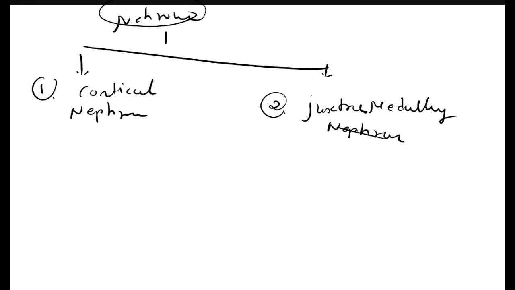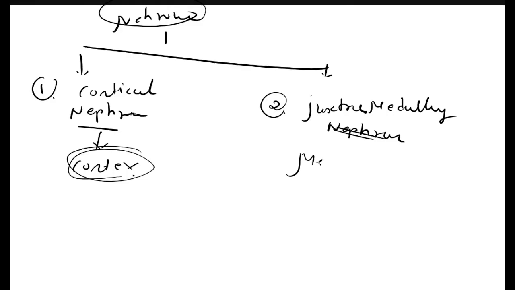On the basis of location, the nephron is divided into the cortical nephron and the juxtamedullary nephron. A nephron situated in the cortex part of the kidney is known as the cortical nephron, and a nephron situated in the medulla, or the medullary part, is known as the juxtamedullary nephron.